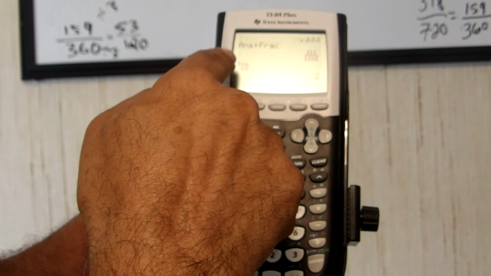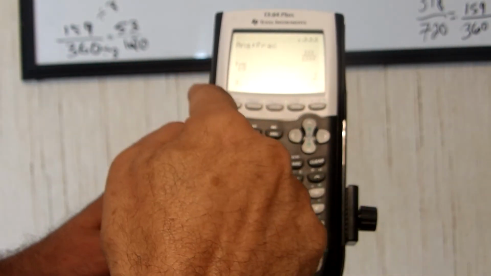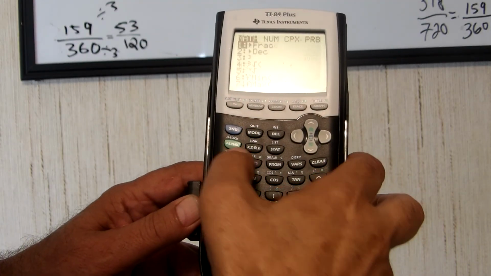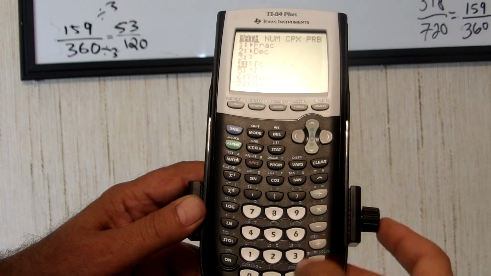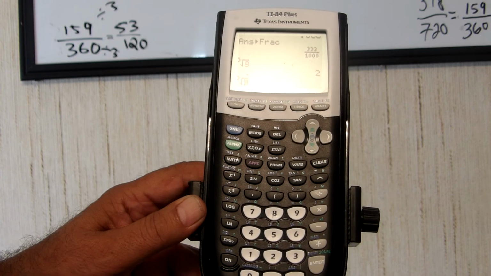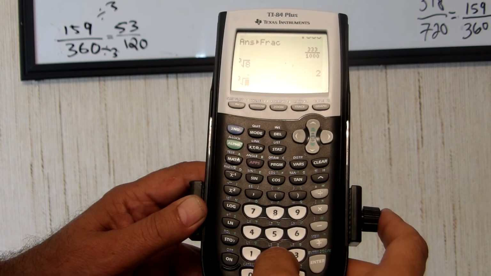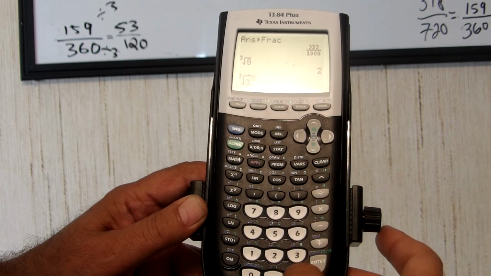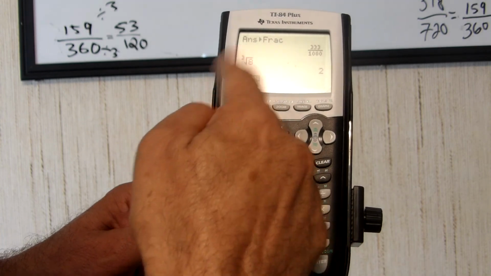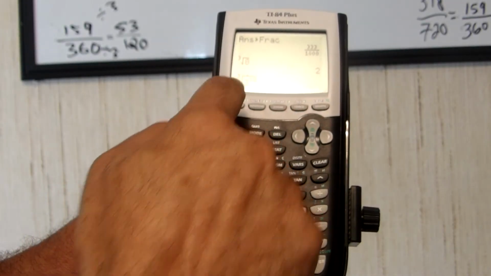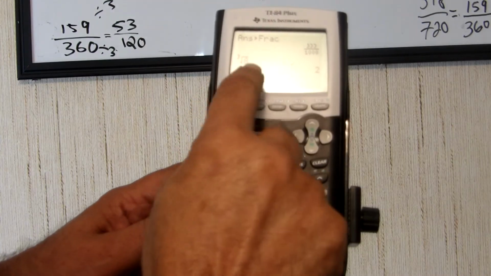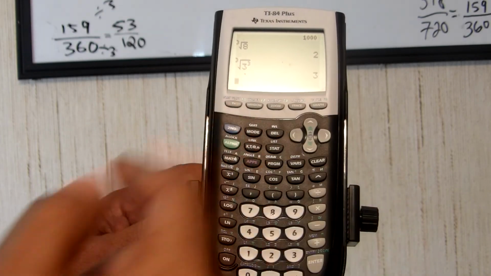The 3 with the index 3 is going to cancel out, and it's going to be 2. 3 to the power of 3 is 3 times 3 times 3, which is 27.